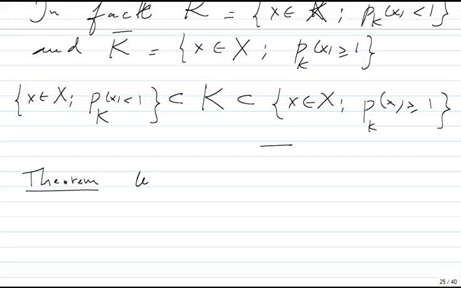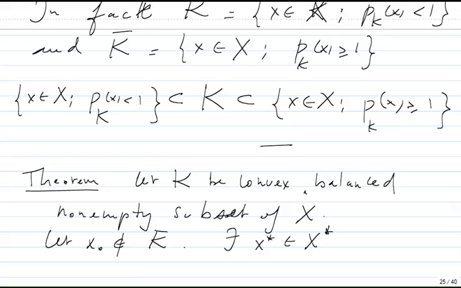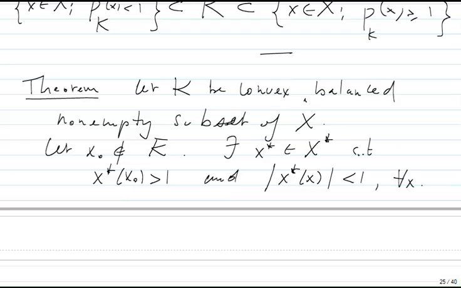Let K be a convex, balanced, non-empty subset of X, a normed vector space, and let x0 not be in the closure of K. Then there exists x star in the dual such that x star of x0 is greater than 1, and the absolute value of x star of x is less than 1 for any x in K. This is the first geometric application of the Hahn-Banach theorem.